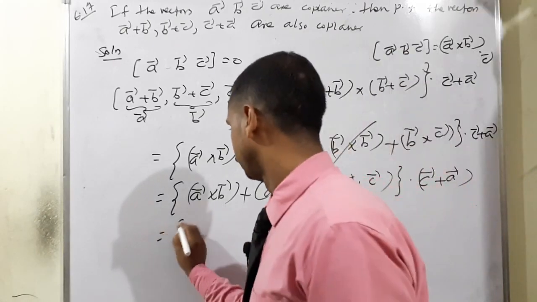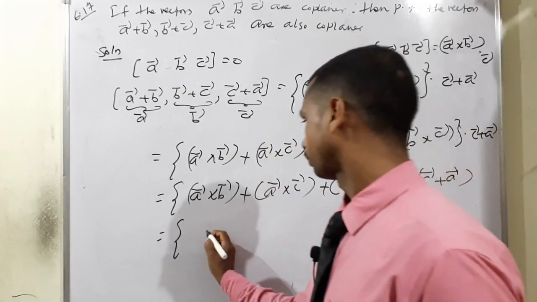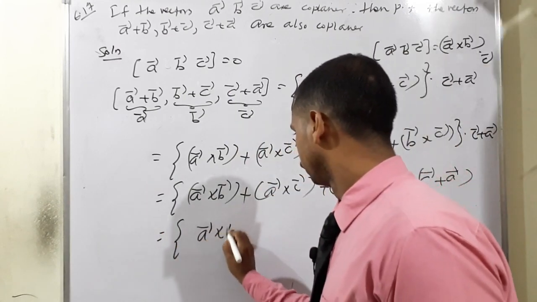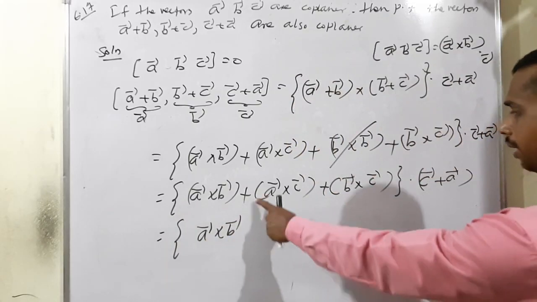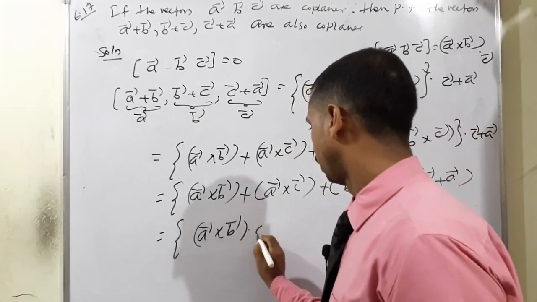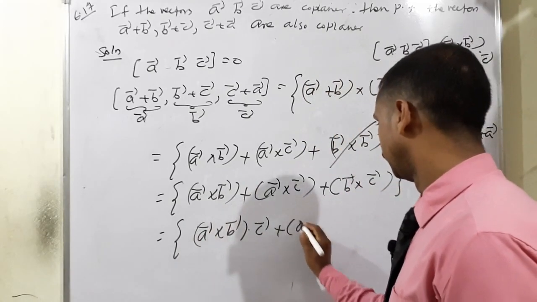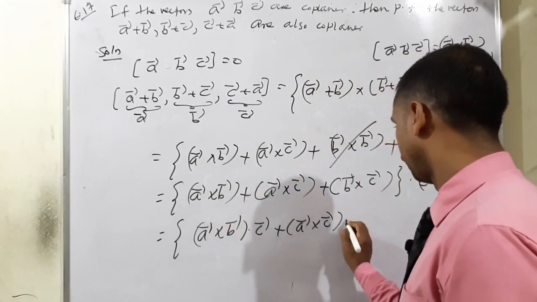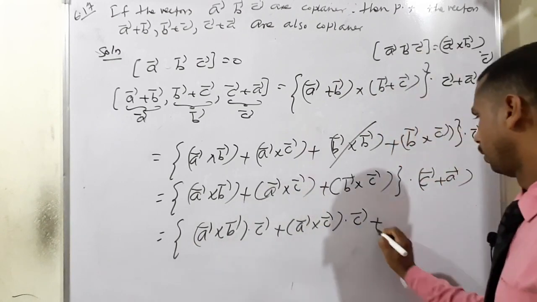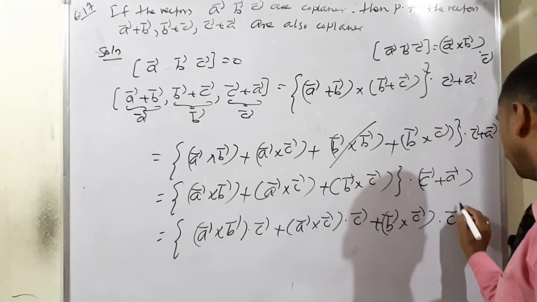Now for the dot product, first each and every term dot with C vector: A vector cross B vector dot C vector, plus A vector cross C vector dot C vector, plus B vector cross C vector dot C vector.